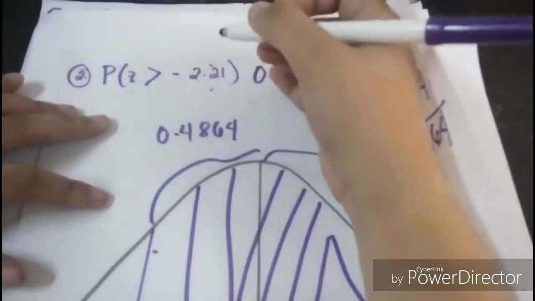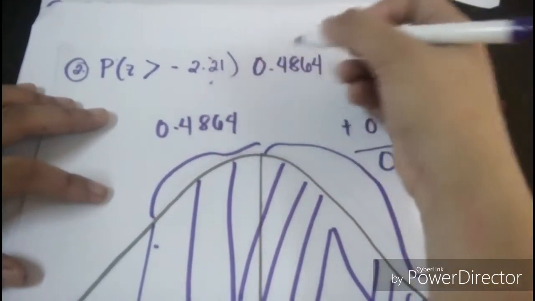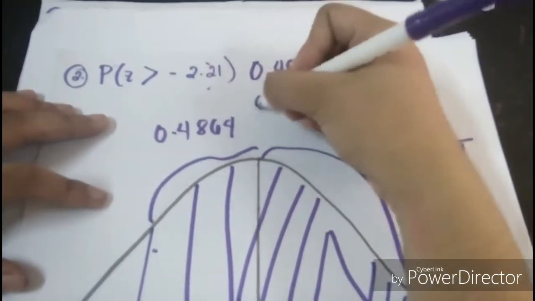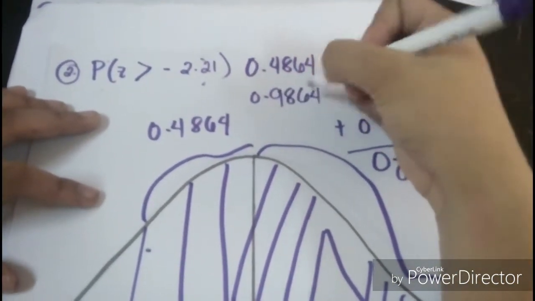The value or the area of negative 2.21 is 0.9864.